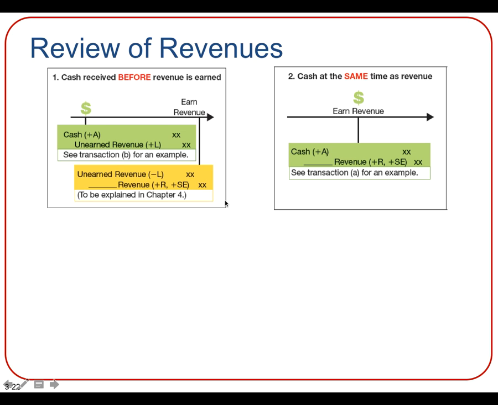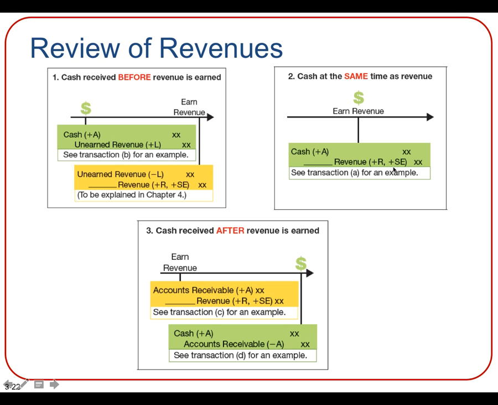And then you could record the cash at the same time as revenue is recognized. So that's when people walk into a store, pay the cash, and you give them the product. The earning process finishes at the time when you receive the cash. So you record an increase in your cash. You also recognize revenue. There should be an increase in your revenue.